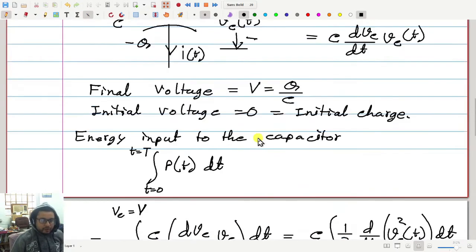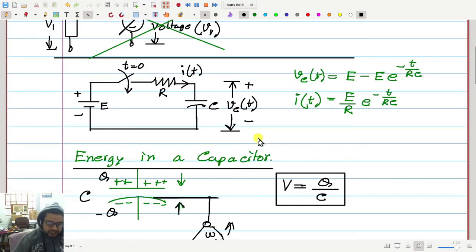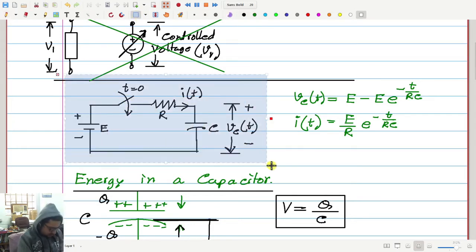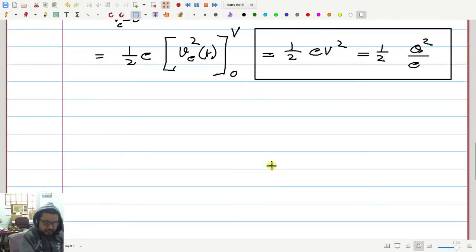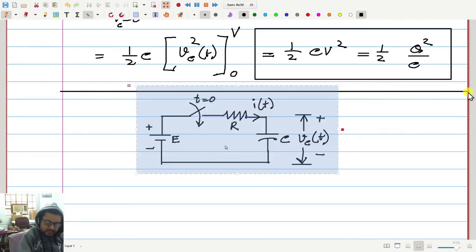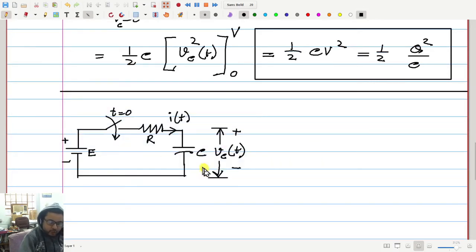Now there is an interesting question that we will ask. Coming back to this circuit, when this switch was open, there was no charge. We are assuming there was no charge across this capacitor when the switch was open.